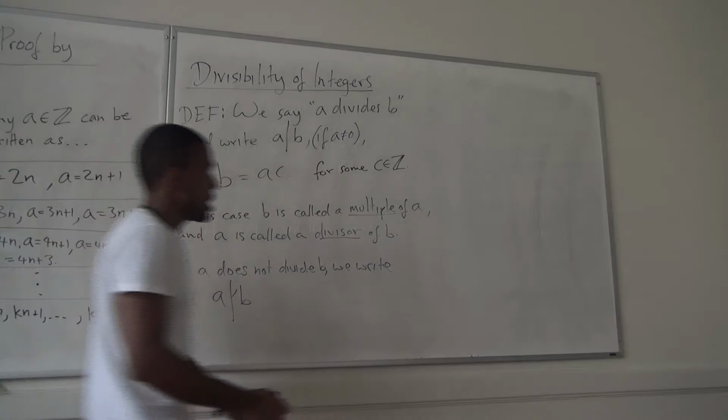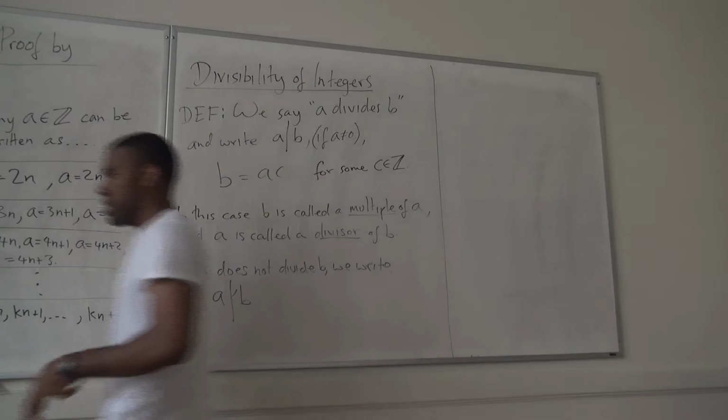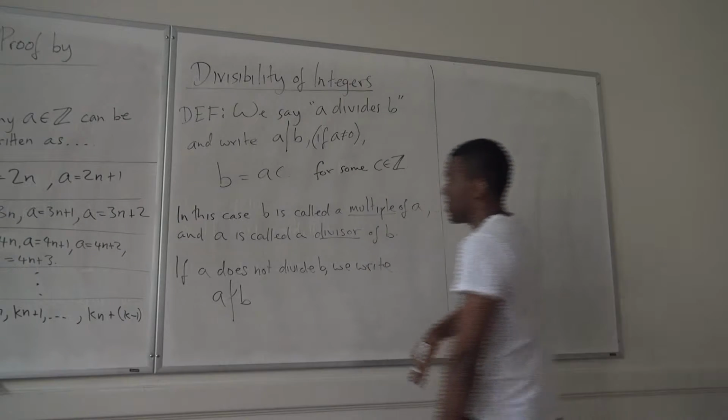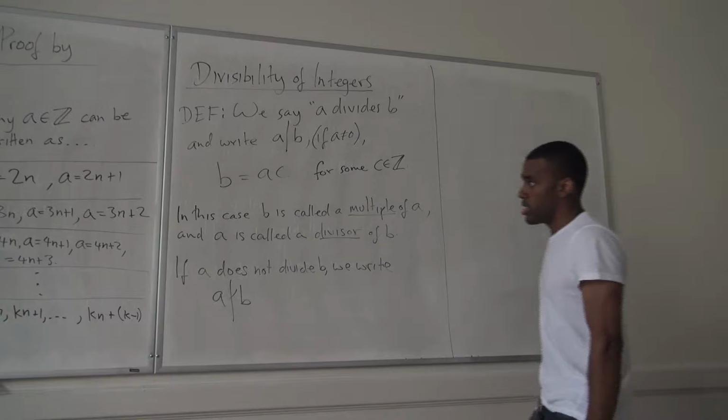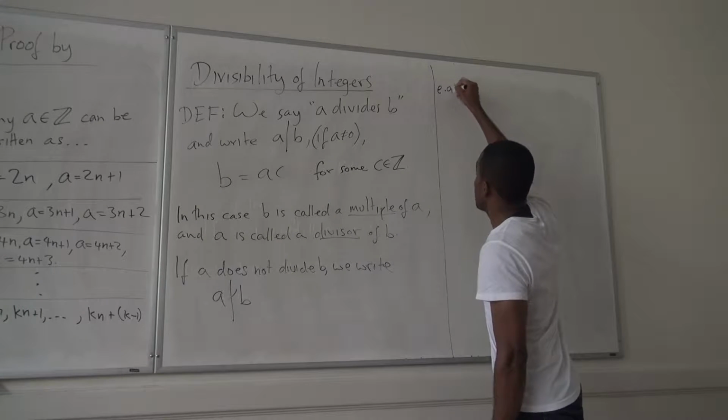That means there's a remainder when you divide B by A. Anything else I want to mention? No, let's just jump into some proofs now. I gave you that definition and talked about divisibility, what it means for one integer to be divisible by another. And now let's actually do some proofs on this.